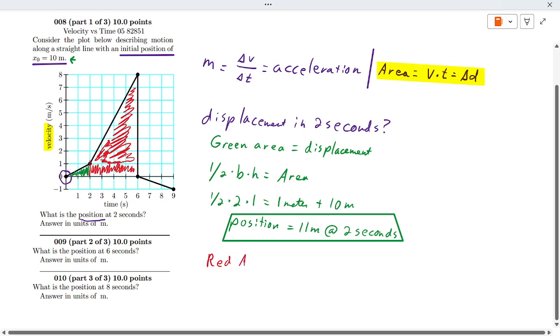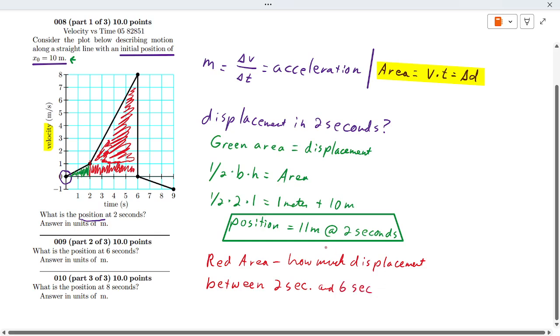So the red area tells us how much displacement there is between 2 seconds and 6 seconds.